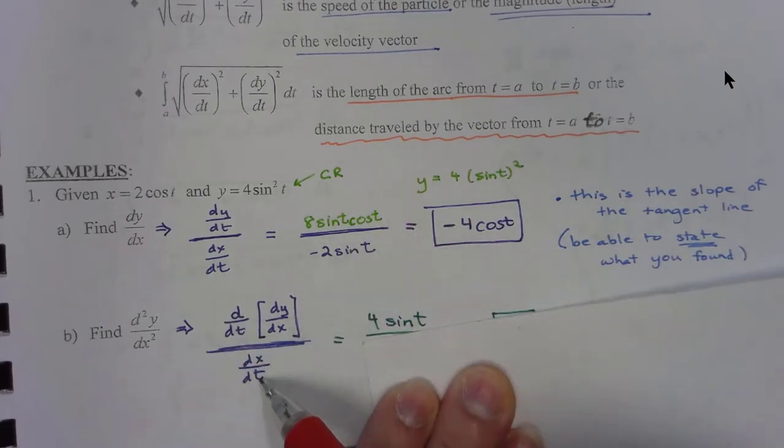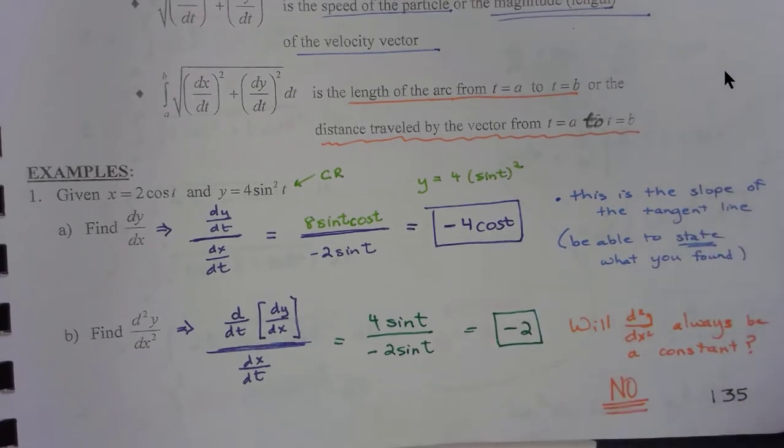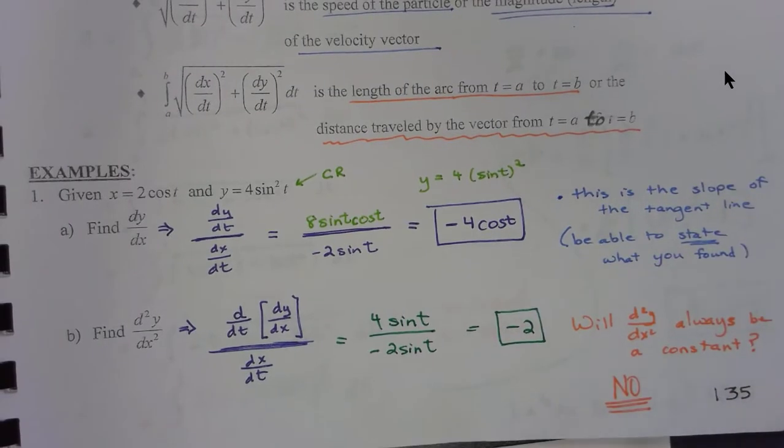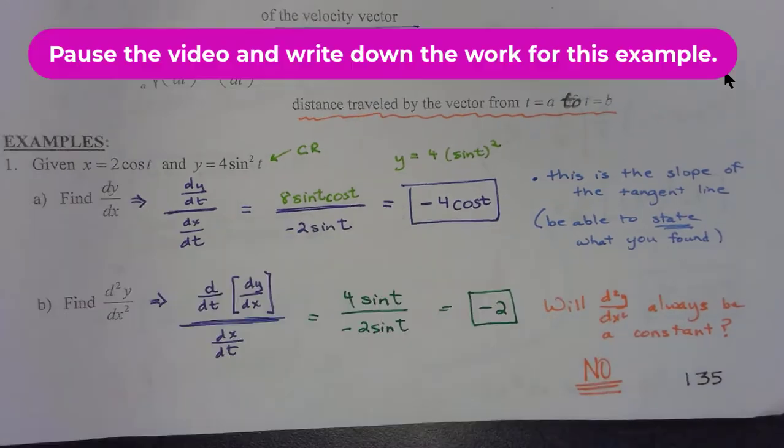And dx/dt, we have already found, negative 2 sine t, and we get this. Now, will the second derivative always be a constant? No. What does the second derivative tell us? It is the rate of change of the slope of the graph with respect to x. Okay, pause the video and write down this example.